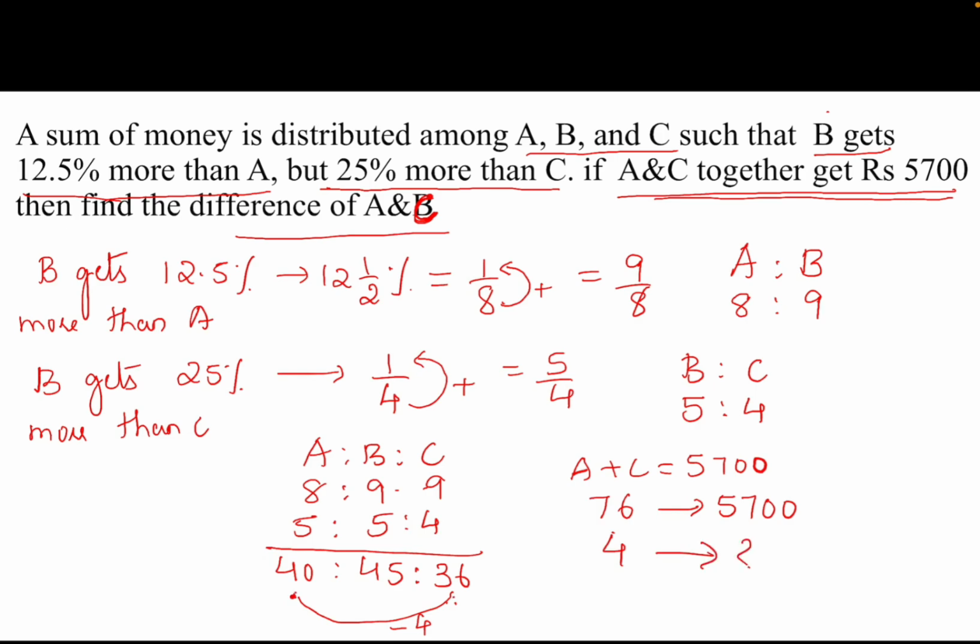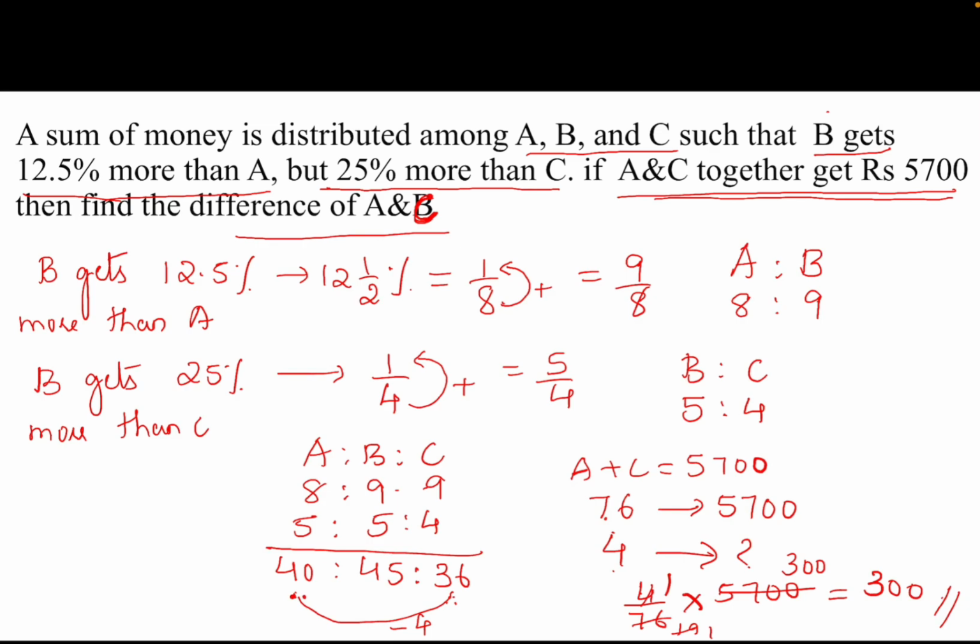A plus C in ratio is 76, A minus C in ratio is 4. So 76 parts is 5,700, so 4 parts is how much they are asking. It is 4 by 76 into 5,700. 4 ones are 4, 4 19s are 76, 19 3s are 57 and 00. So 300 rupees. That means the difference between A and C's amount is 300 rupees.